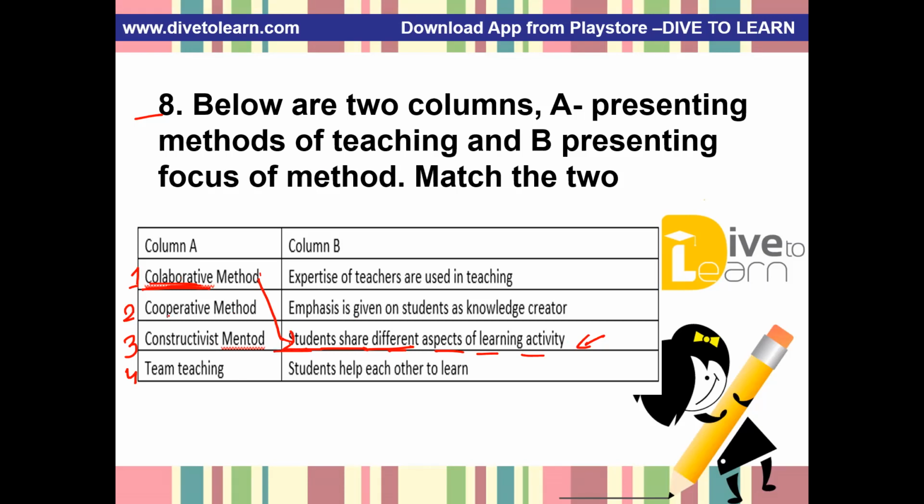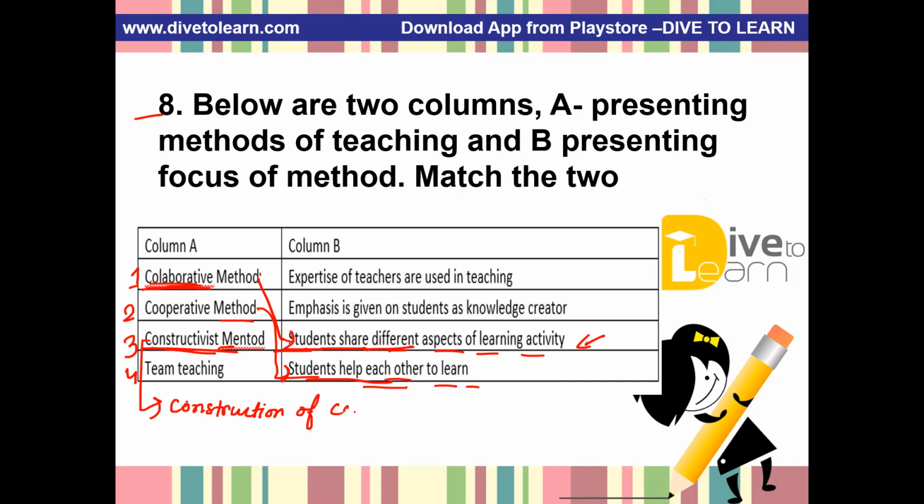Then cooperative. Cooperative is helping each other. So by name also you can match this. Cooperative method of teaching is students helping each other to learn. What is constructivist method? Now in teaching we will talk in detail about the constructivist method, but for now just understand constructivists believe in construction of a concept.